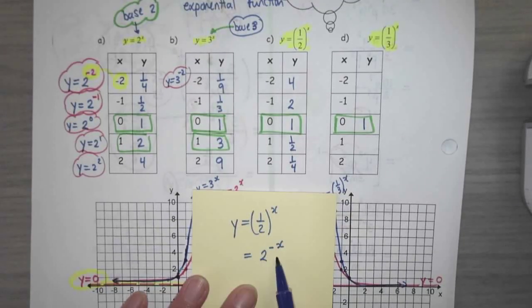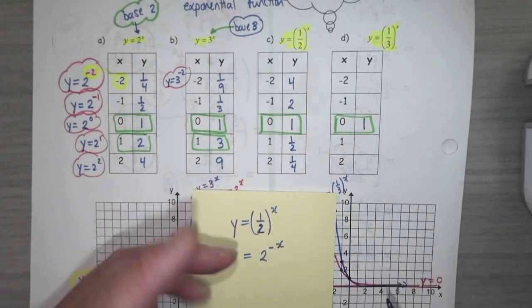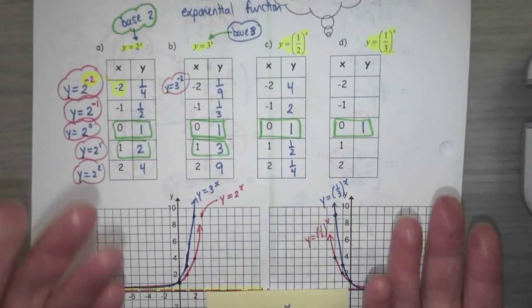Does that make sense? Is this not the same thing? The negative makes this 1 over, and it's to the x. That negative actually makes it a horizontal reflection. So anything with the x makes it a horizontal reflection. Anything in front of it will be a vertical reflection.